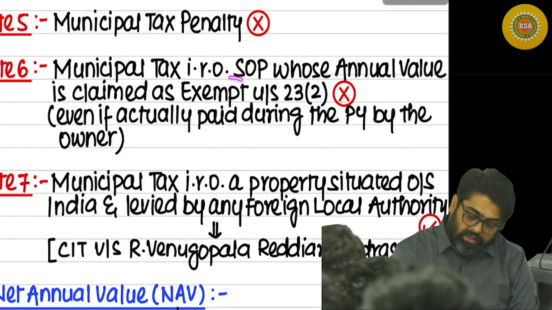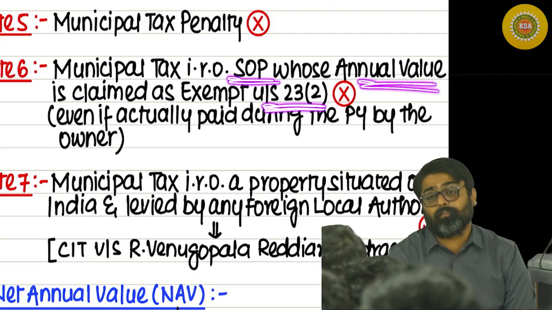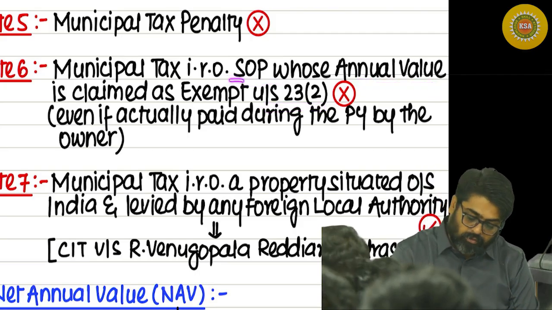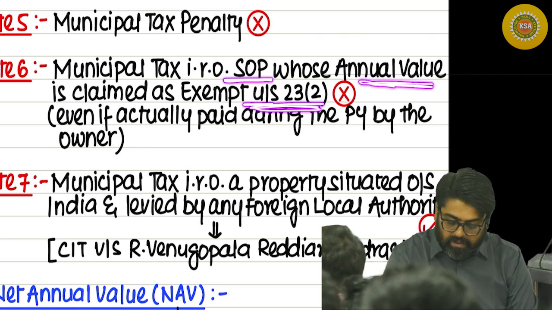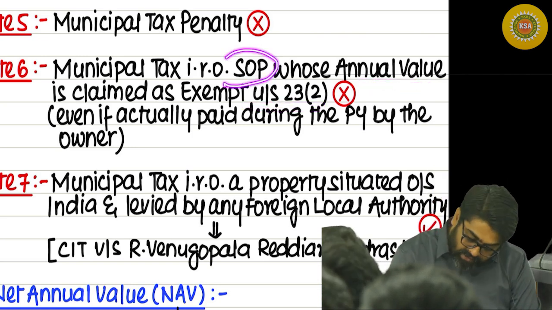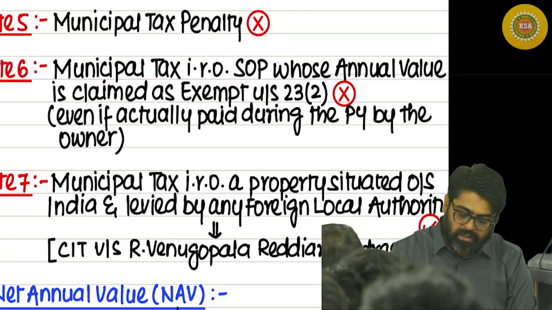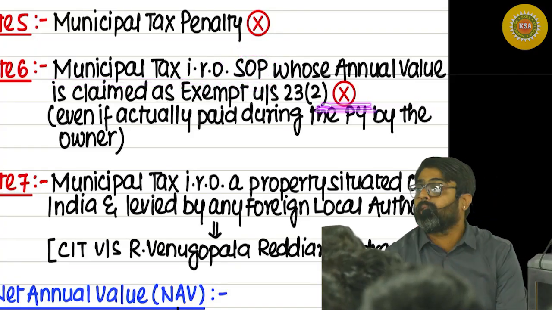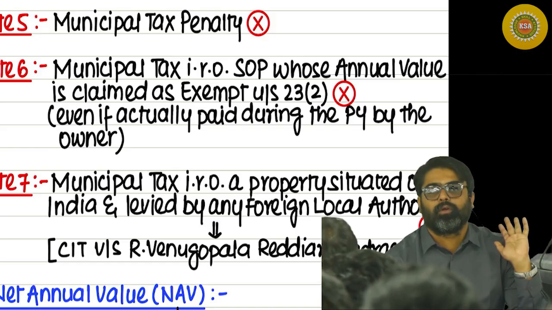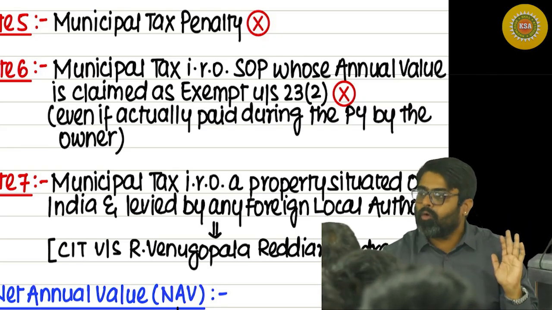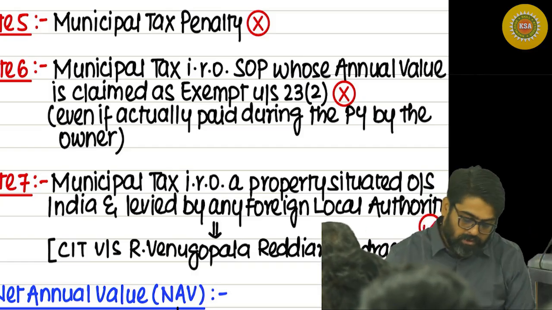Now, if there is one SOP whose annual value is exempted under section 23(2), for this SOP, even if the municipal tax is paid in this year by the owner, still you are not eligible to claim deduction because its annual value is exempt. So, for your SOP, municipal tax deduction is not available. Yes or no?